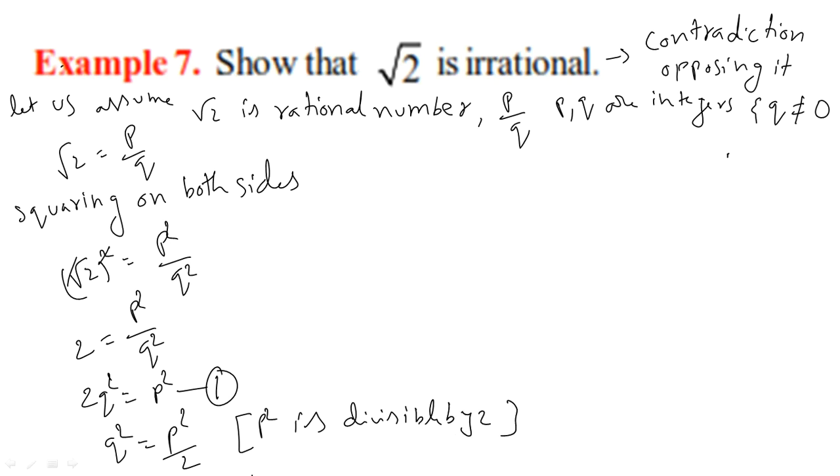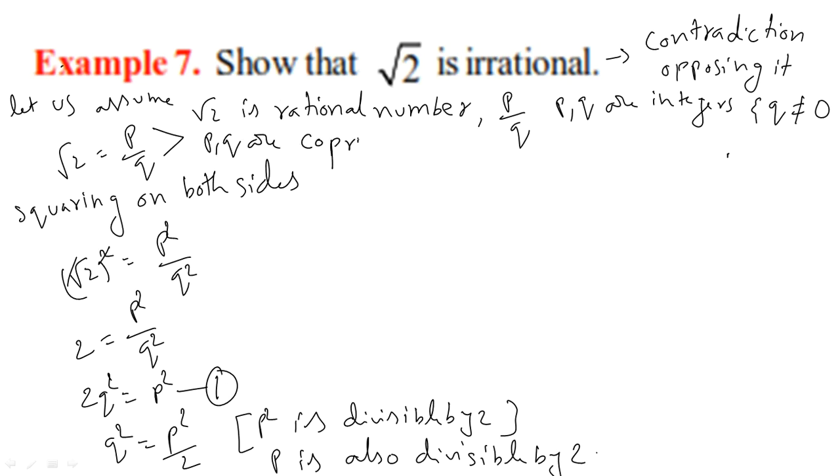So if p square is divisible by 2, according to the theorem, p is also divisible by 2, isn't it? One more thing we have to assume is that p and q are coprimes. So if q square is equal to p square by 2, then p square is divisible by 2 and p is also divisible by 2.